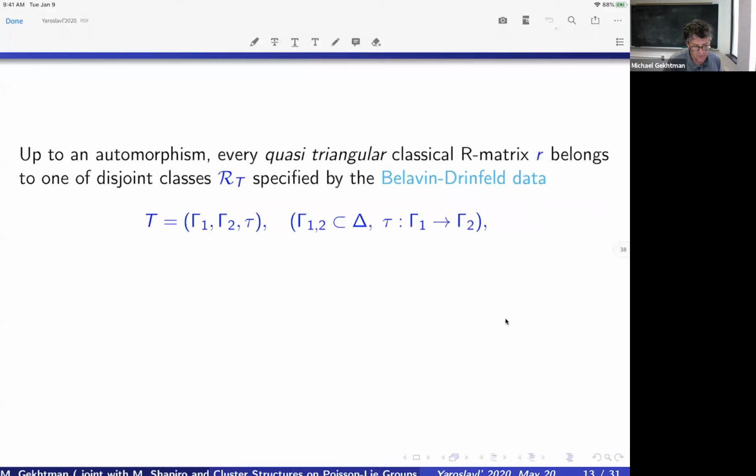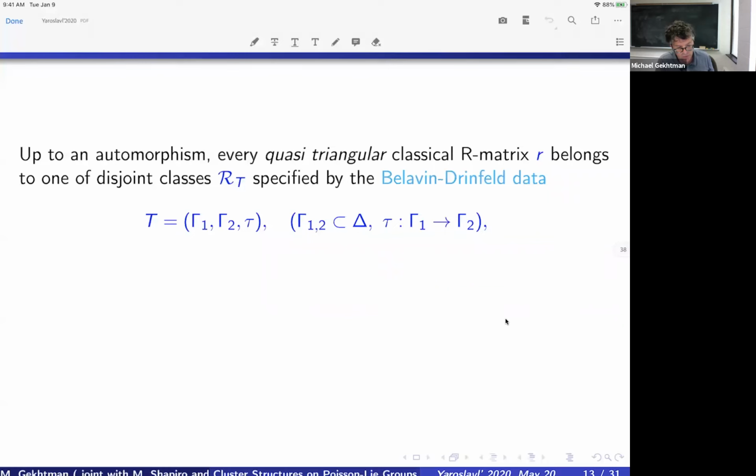Let's skip some of their terminology and just say that there is a family of Poisson-Lie brackets which is defined explicitly in terms of combinatorial data associated with the root system of the corresponding Lie group. This combinatorial data is described as follows. Let's just stick with GLN.